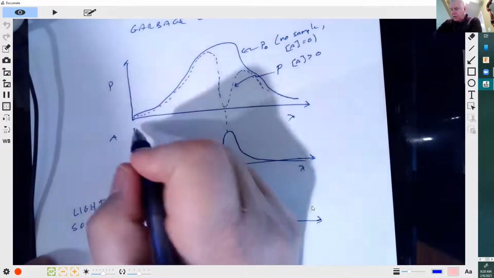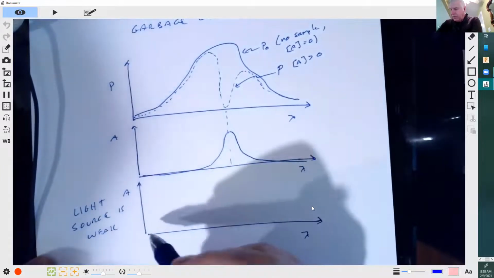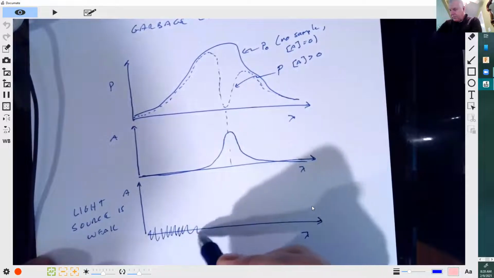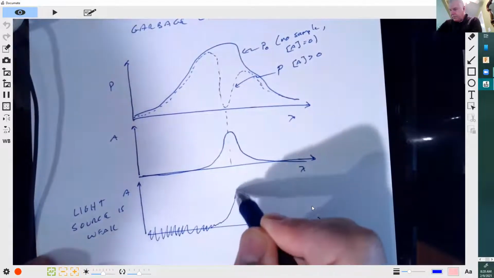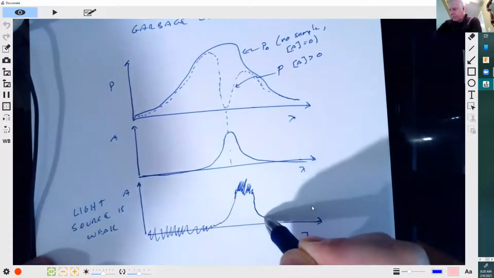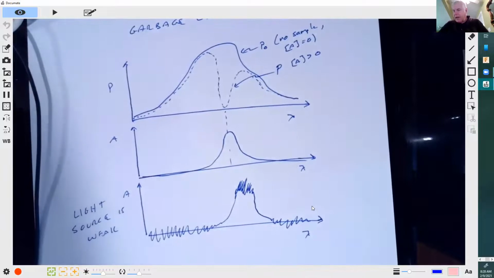And we're still computing absorbance here versus wavelength. And then it will look like that.